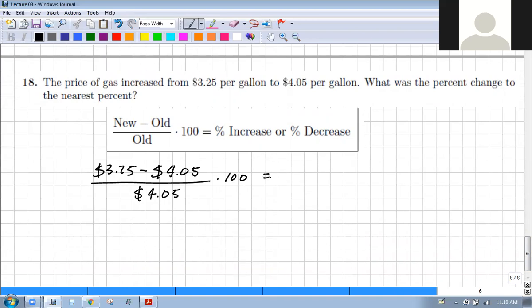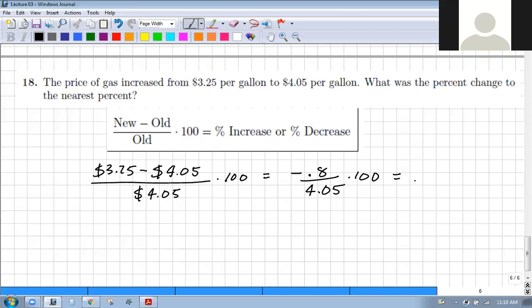And then multiplying it by 100 to get it as a percentage. So let's see, 325 minus 405. 80 cents. Negative 0.8, right? And we need to divide that by 4.05. Oh, we gotta remember times 100.